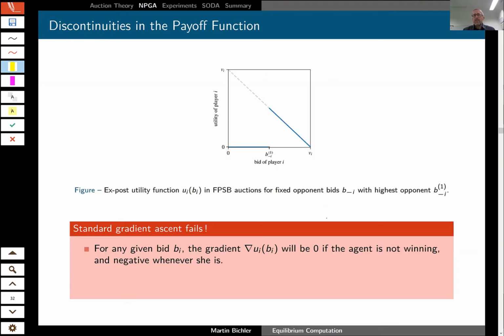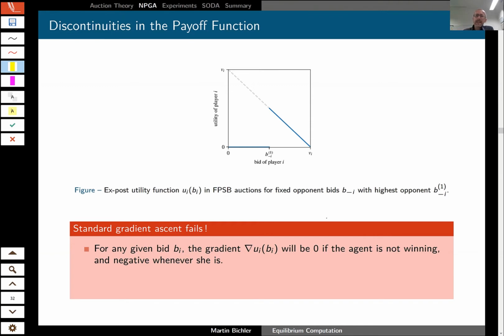So you could now say, well, we do self-play with neural networks, but the standard trick, standard gradient ascent, unfortunately doesn't work. That's the first problem we bumped into. Why is that? Well, our utility function is discontinuous. The plot here might give you an idea.